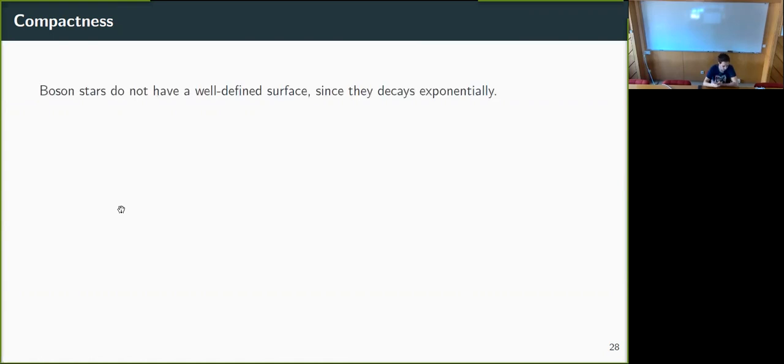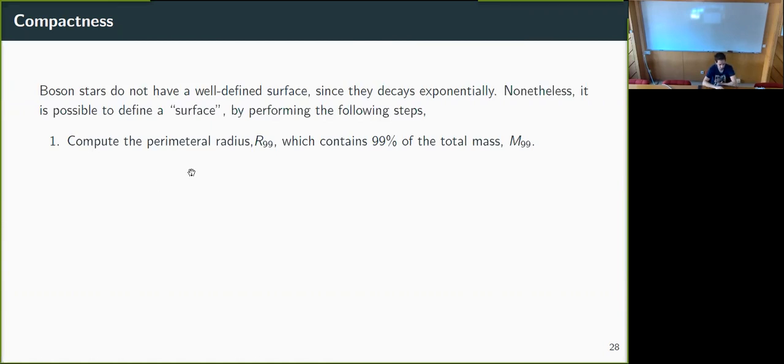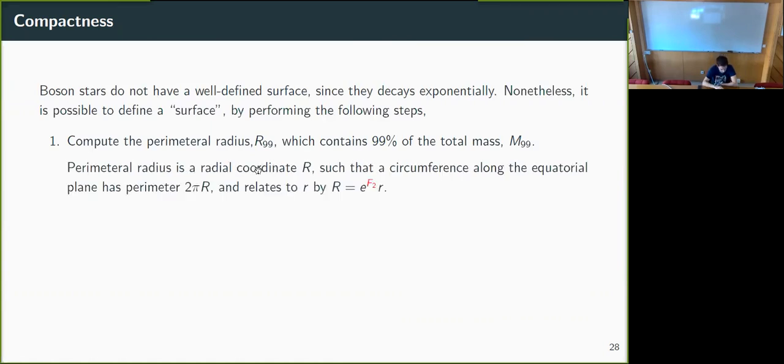For the boson stars, you don't have a well-defined surface, but you can define one more or less in the following way. You start to compute the perimeter radius, which contains 90% of the total mass. This perimeter radius is just a radius for which the circumference around the equator has this perimeter.